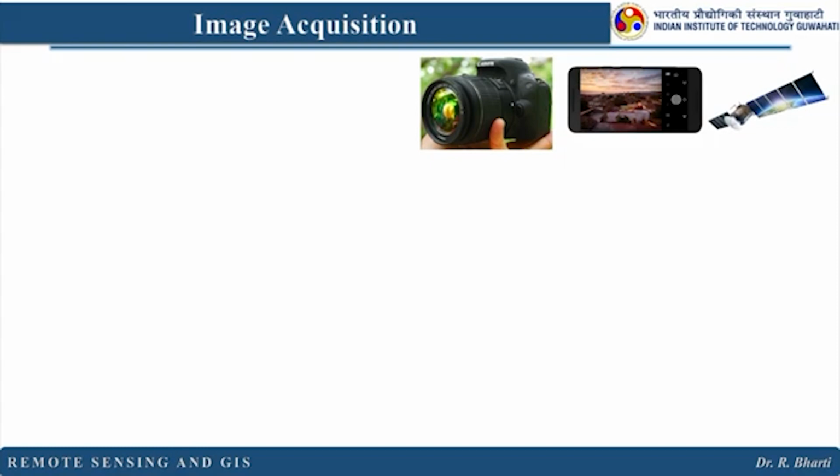In normal cases we use a mobile phone to capture our activities, and nowadays people are using DSLR, so the resolution of the image will be better. And the third case is in remote sensing, where we are using sensors from a spaceborne satellite, or in the fourth case we can mount them on an aeroplane or helicopter, and then we can capture our images, right.